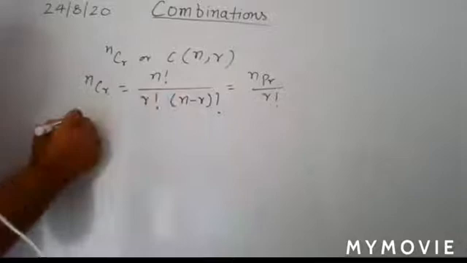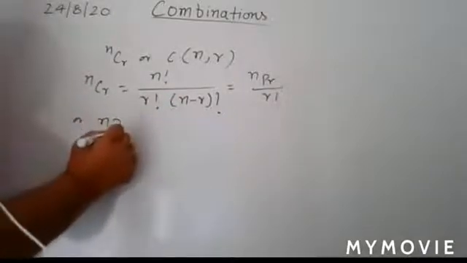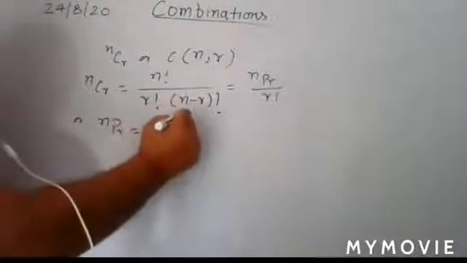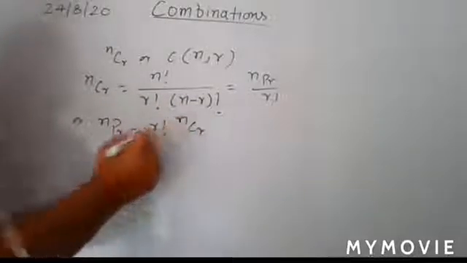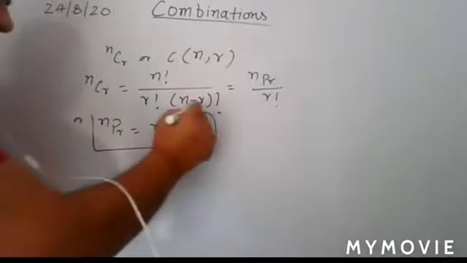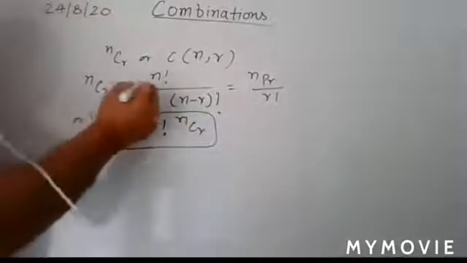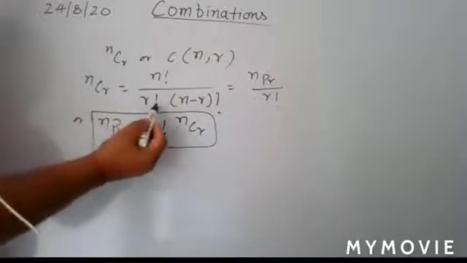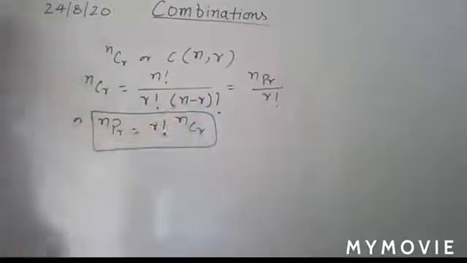One of the results is nPr equals factorial r into nCr, and nCr equals factorial n upon factorial r into factorial n minus r.